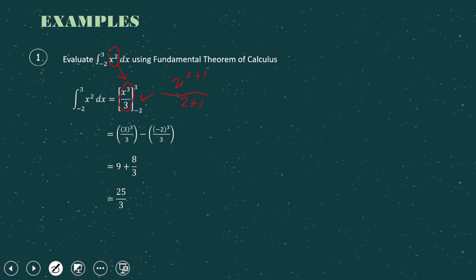after we get the integration, we substitute the values of the lower limit and the upper limit. So this belongs to the upper limit, and this belongs to the lower limit.